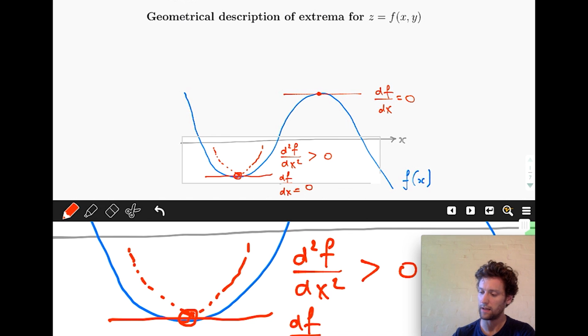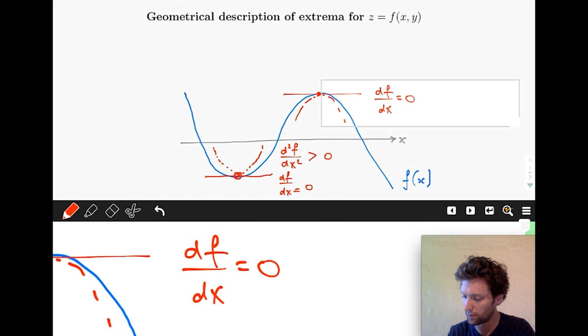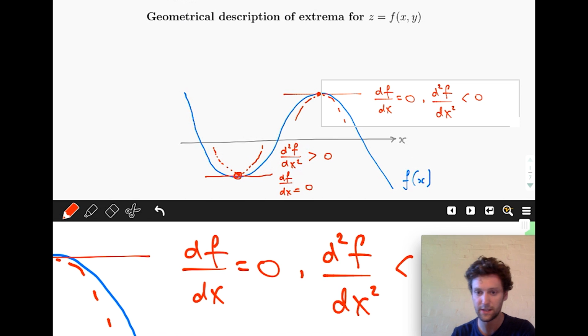It's a valley. Likewise, in this case here, you can see that locally it looks like a hill. Its second derivative will be negative, indicating that I'm going from a function that's sloping upwards to no slope to sloping downwards.